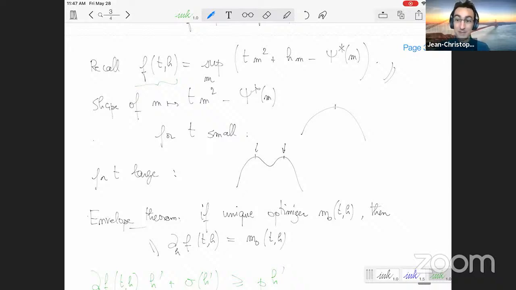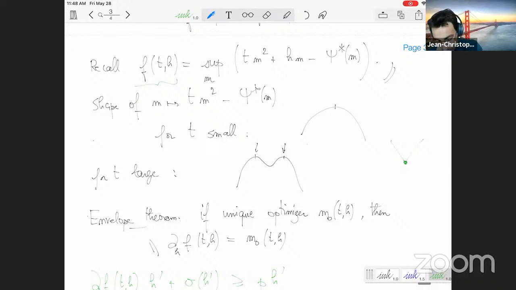When h equals 0 and t is large, you have two optimizers in your problem. And the claim then is that the first order behavior is given by the sup over these two optimizers of the differential.